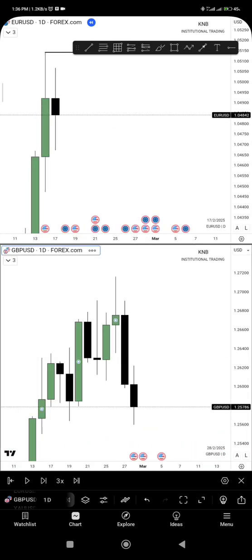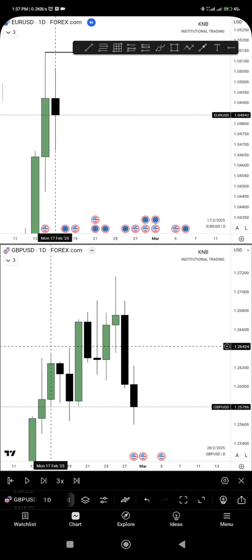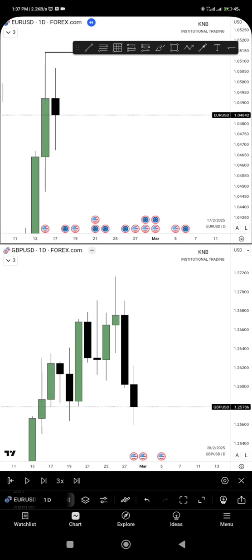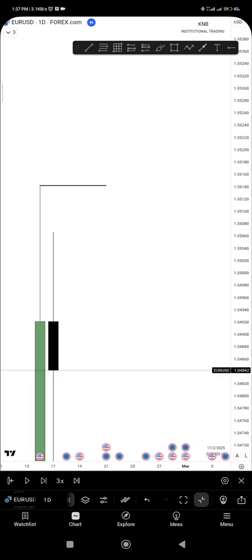If I go to GU, this is the Monday candle. This is Friday, and then this is Monday. I do hope you guys can see my cursor. This is Monday. What do you notice between the highs of Monday and the highs of Friday? You notice that on GU it was swept, on EU it wasn't swept. That is a divergence.